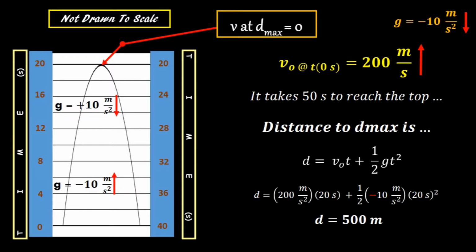Isn't that exactly what it is? So you're going to get 500. Just remember what the initial velocity is. It should be, the initial velocity is what? 200, correct? Yes? Okay. All right.